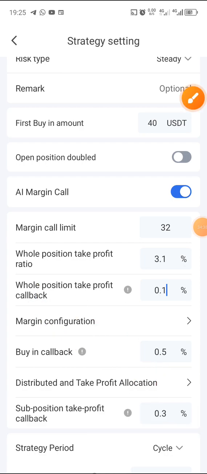Remember, our goal is to buy low and sell high. So when the market drops, it's a chance for us to buy more at a cheaper price. It's a chance for us to buy more at a discount.